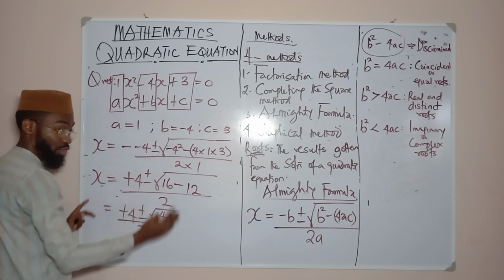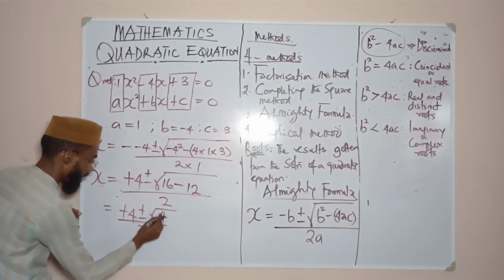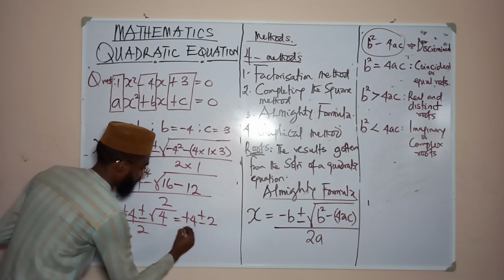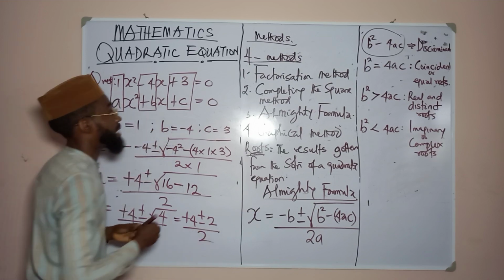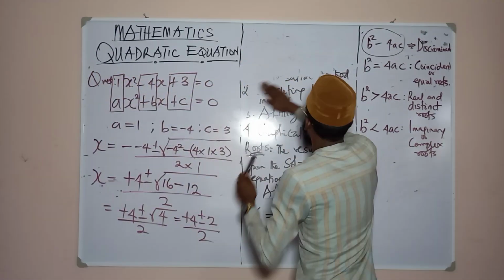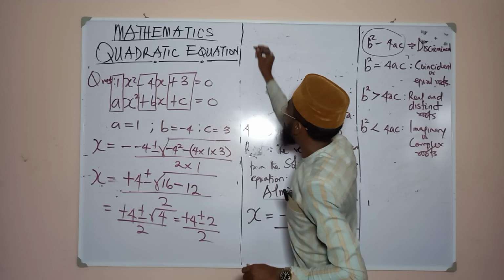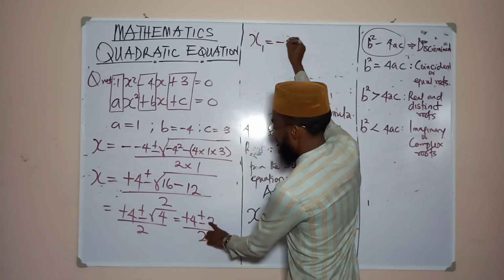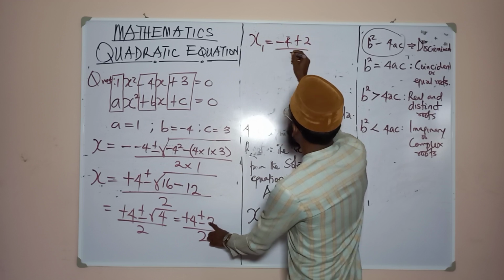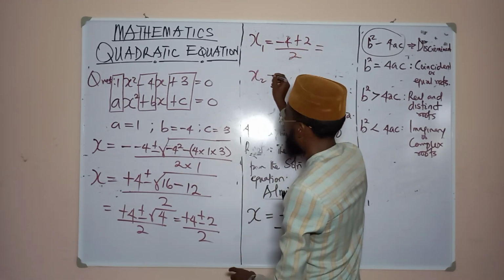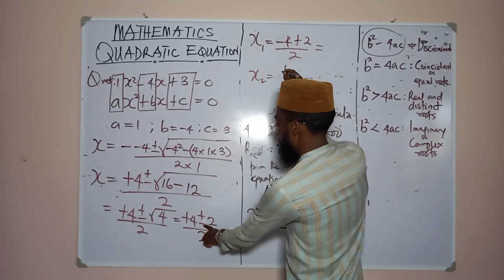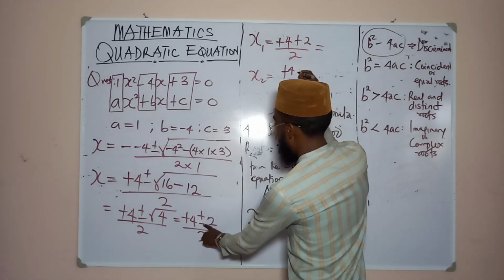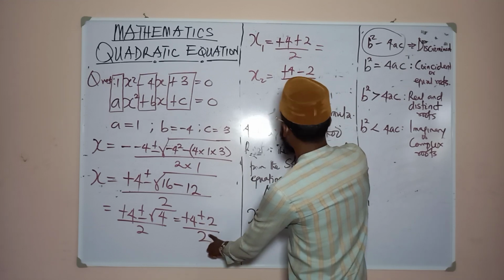This plus or minus means you're going to split it into two ways. Now let's find the square root of 4. This is going to give us plus 4 plus or minus 2 all over 2. Our answer is very much handy now. So we're going to have two answers. x1 will use the plus: 4 plus 2 all over 2, and x2 is going to use the minus: 4 minus 2 all over 2.